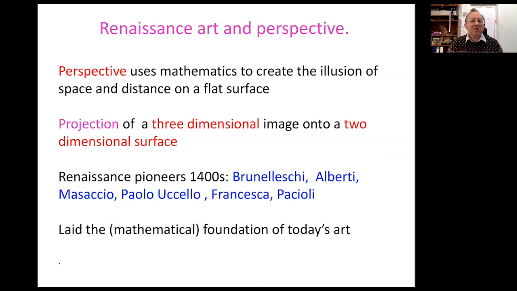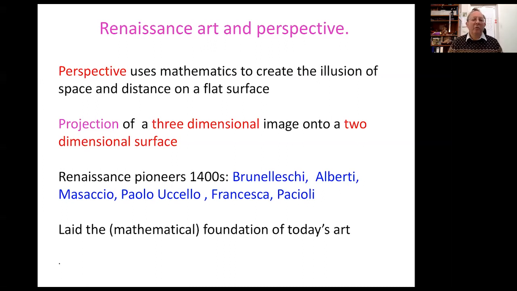And for a mathematician, if you do projective geometry, this is naturally what you do, but that mathematics evolved out of the use of math in art to create the illusion of projecting a three-dimensional image onto a two-dimensional surface.